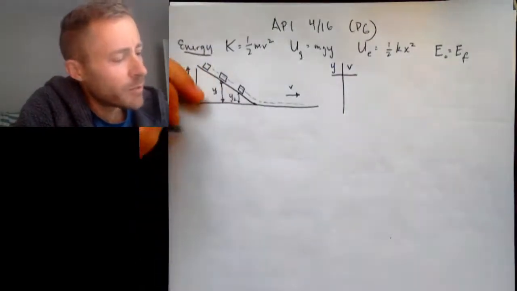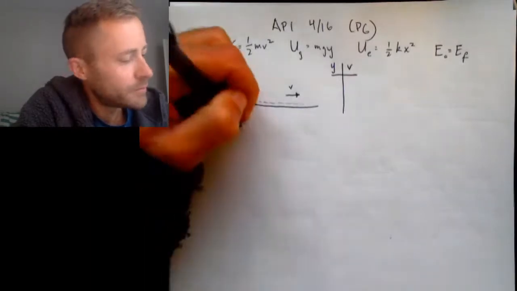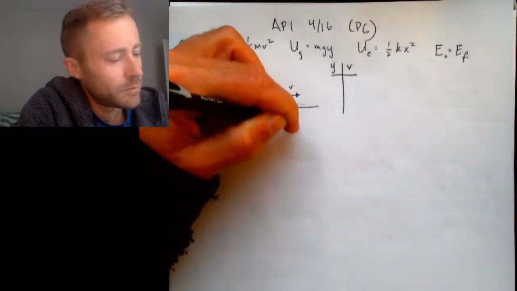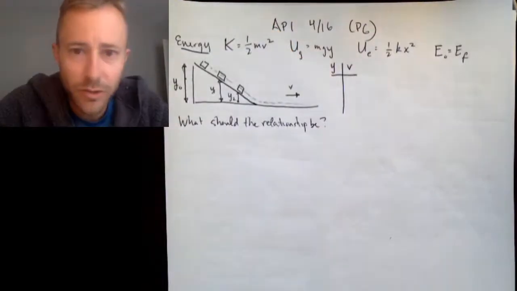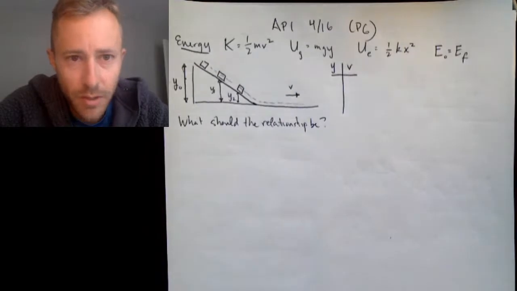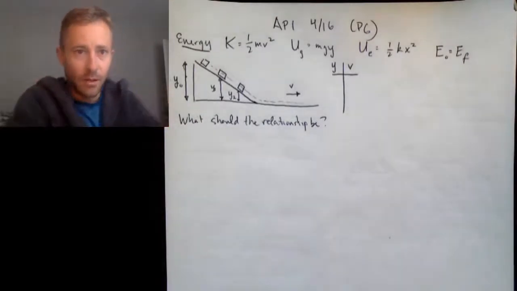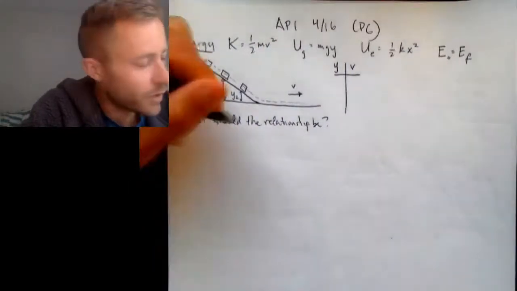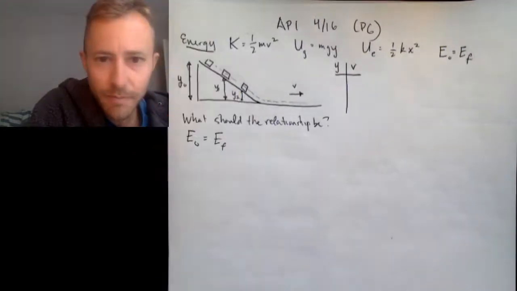So now the question becomes, what should the relationship be? When I say what should the relationship be, applying the equations of physics, how are these two variables related to each other? So we're going to use conservation of energy. Initial energy equals final energy.